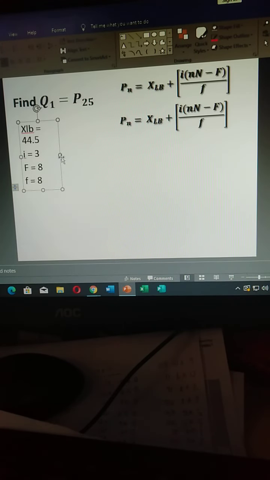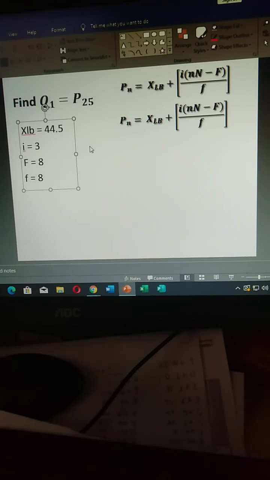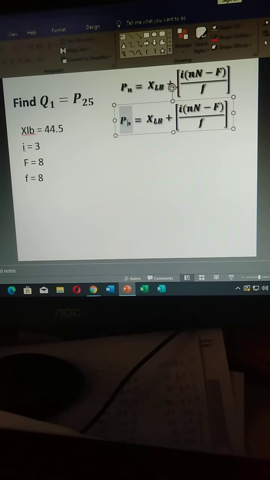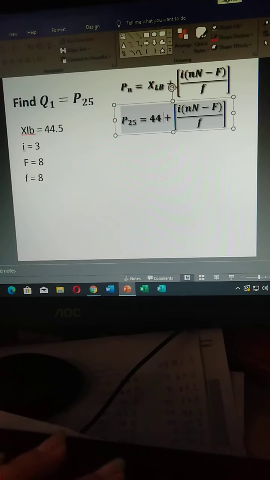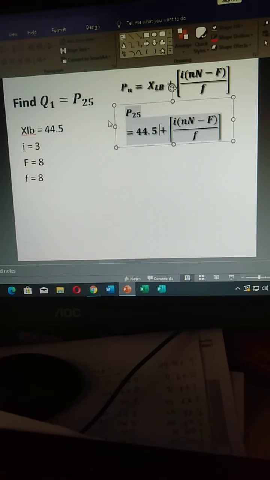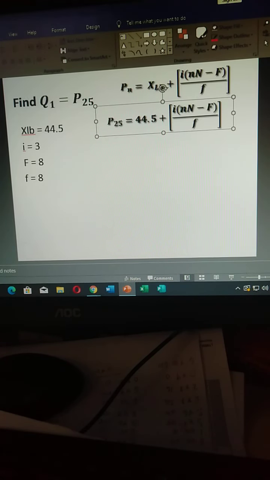So, let's input this data in the formula. Ang hinahanap natin is P25. So, ang lower boundary natin is 44.5.